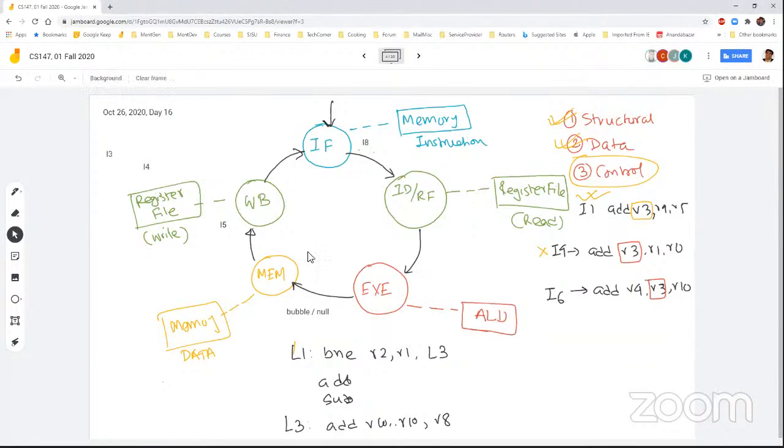Let's say this is my instruction 8. This is my instruction 9, this is my instruction 10, and this is my instruction 11.